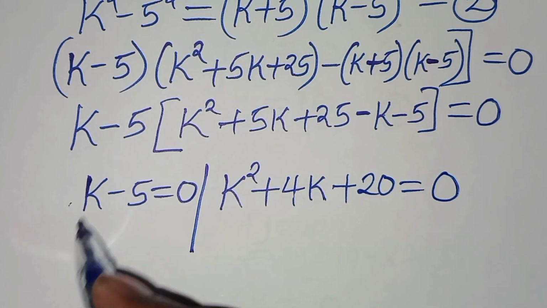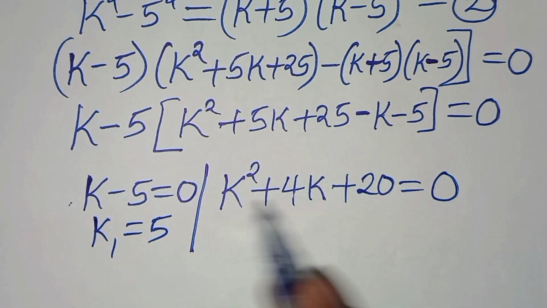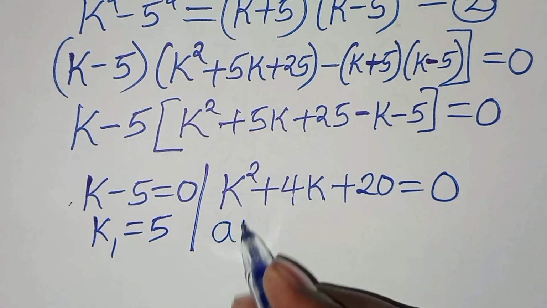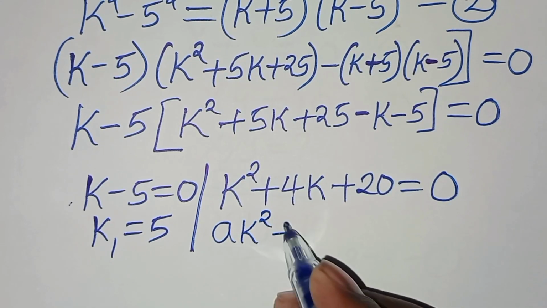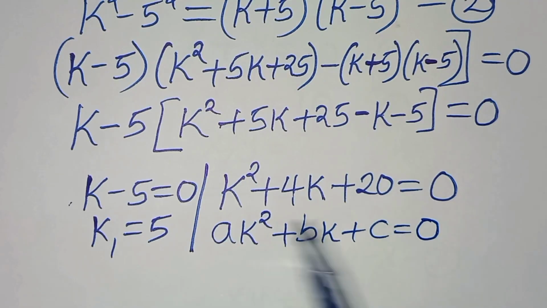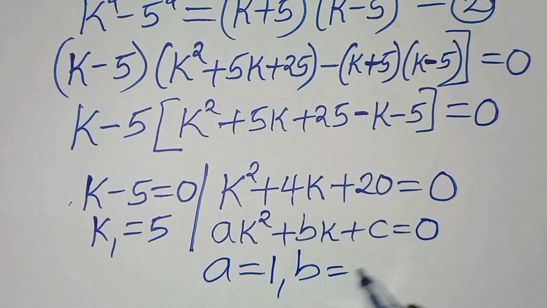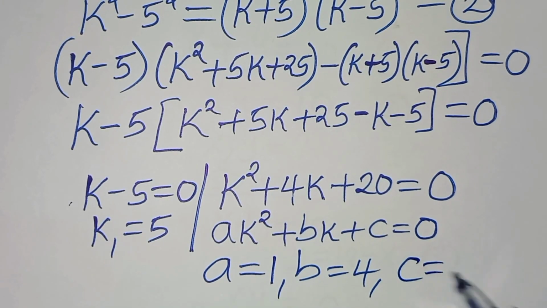So from what you have here, k1 is equal to 5. And the second part is the quadratic equation of the form ak squared plus bk plus c equal to 0. Now from this quadratic equation, we have a equal to 1, b equal to 4, and c equal to 20.